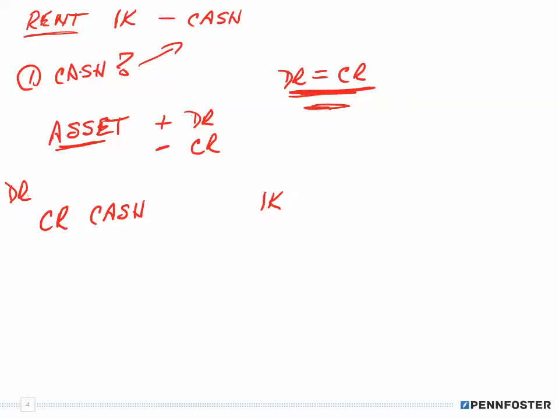Just like with affecting cash, where I thought about the category of account, which was an asset, I'm going to think through my different categories of accounts: assets, liabilities, equity, revenue, and expense. What's the nature of this transaction? Well, I'm paying rent. Is rent an asset? No, it's not something I own. Is it a liability?